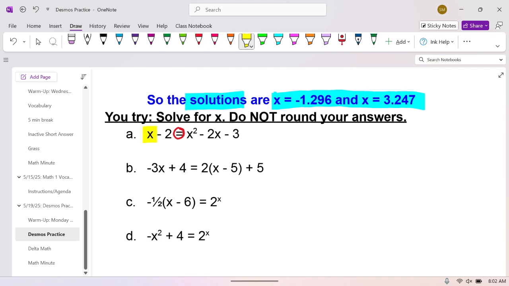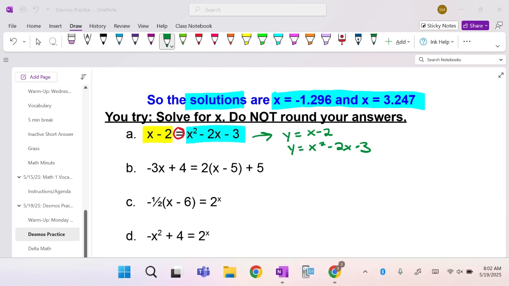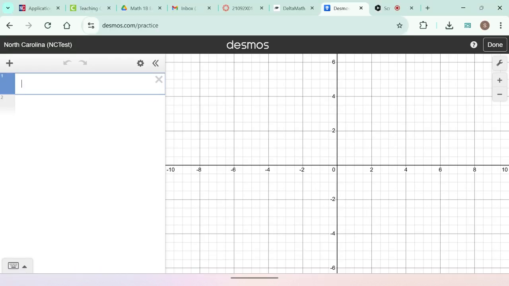So I'm going to take the left side and set it equal to y, and I'm going to take the right side and set it equal to y. So what I'm putting into Desmos is y equals x minus 2 in one column, and y equals x squared minus 2x minus 3 in another column. That's what I'm going to type into Desmos. So take a minute, go ahead and type that in.